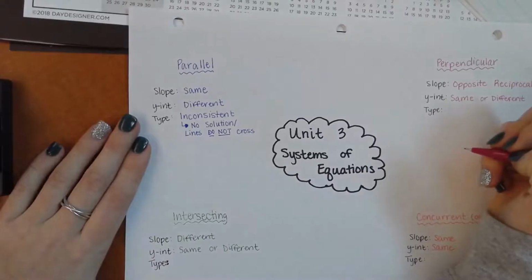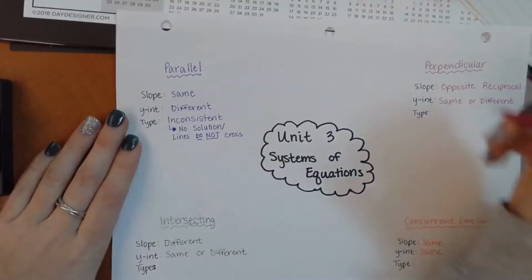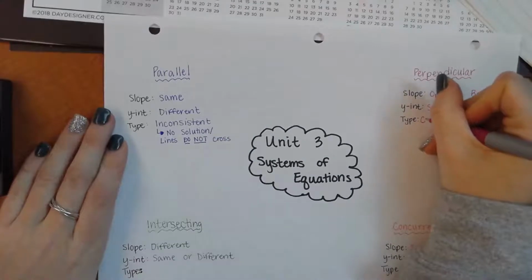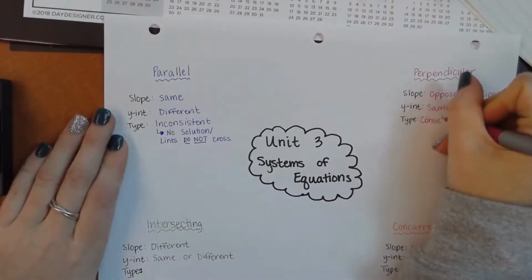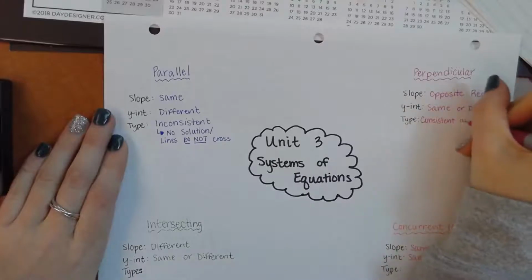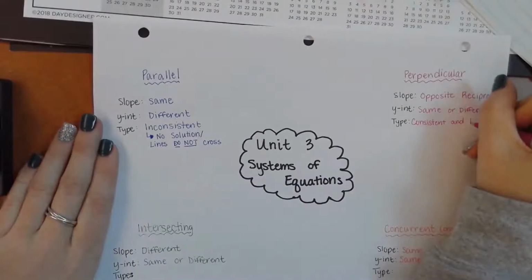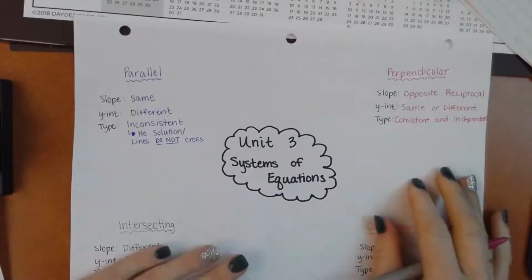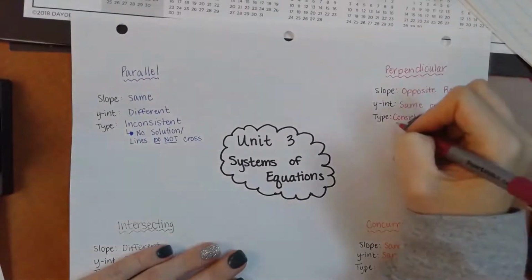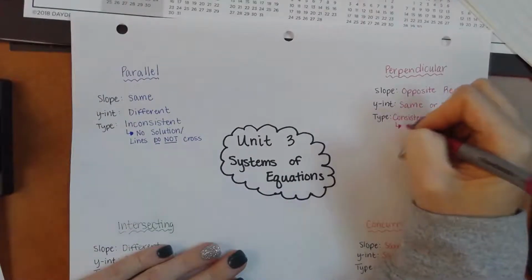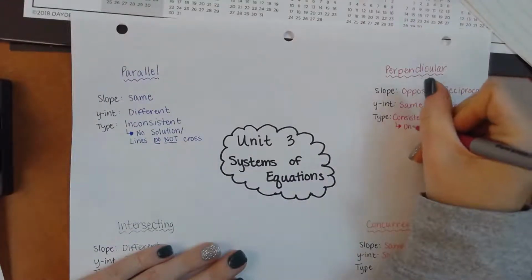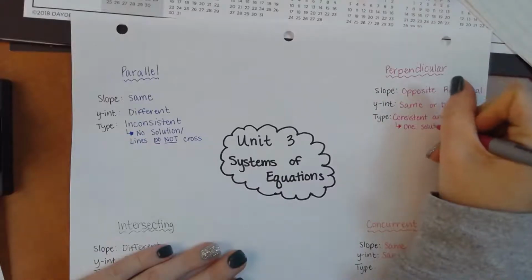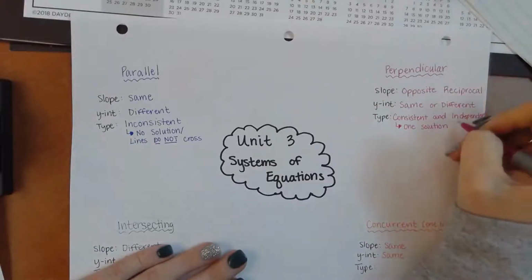Then for perpendicular, these are consistent and independent. Sorry, kind of ran out of room. Which again means that you are going to have one solution, and that is going to be a point, so it should be written like a point.